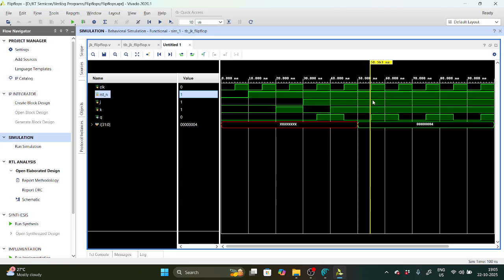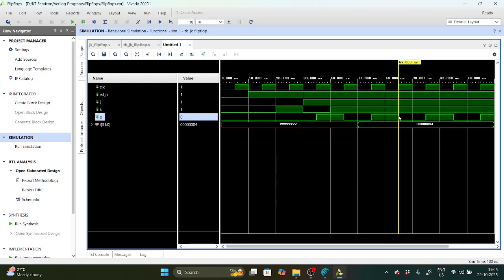During this passage of clock both become 1, so J equals 1, K equals 1 means toggle state. Initially it is 1, it toggles from 1 to 0. Both are 1 again, initially it is 0, it toggles from 0 to 1. Again both are 1, initially 1, it toggles from 1 to 0.